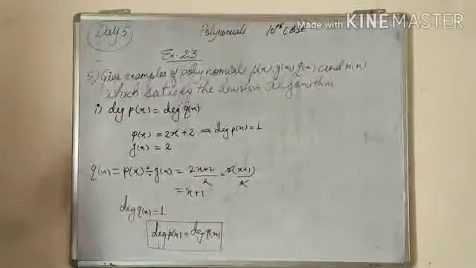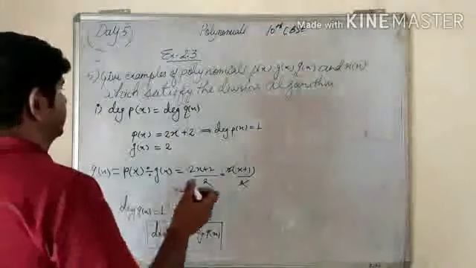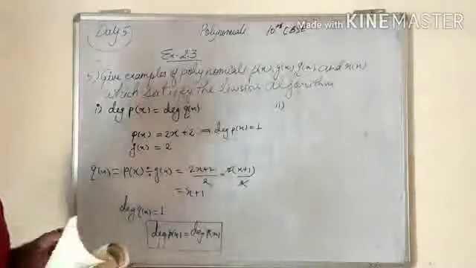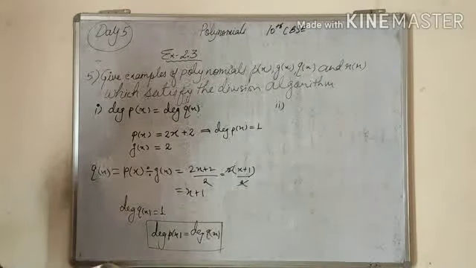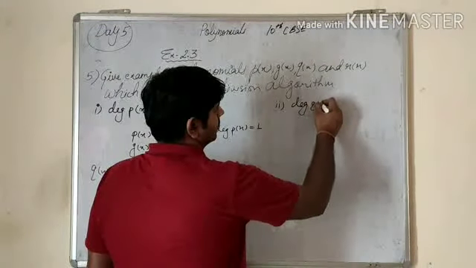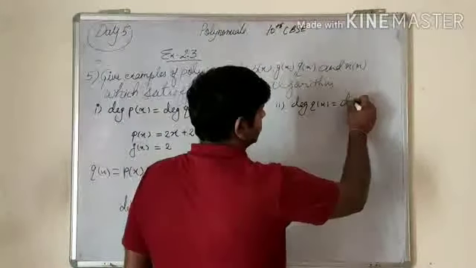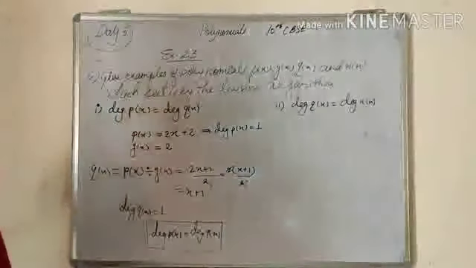This is the first example. Now the second part is given, which is degree of q(x) equals degree of r(x). This time we will take a separate example.